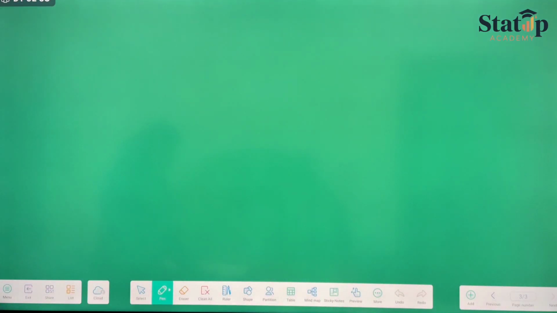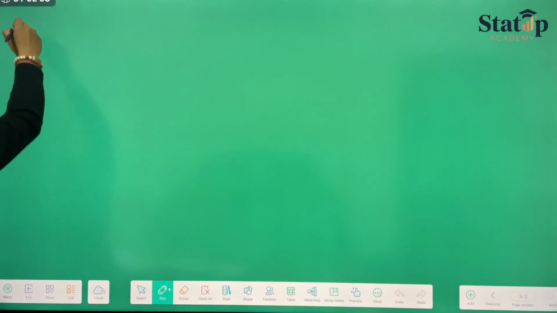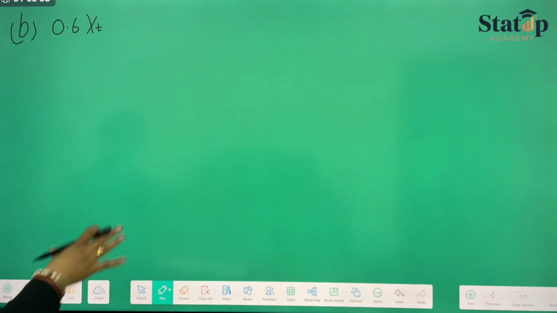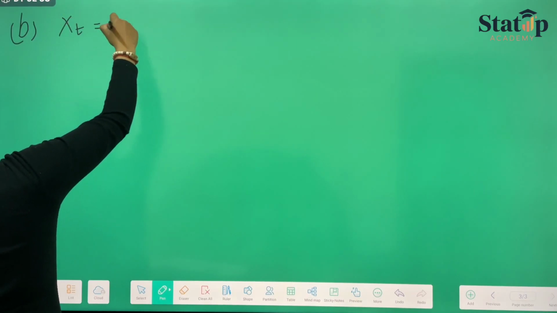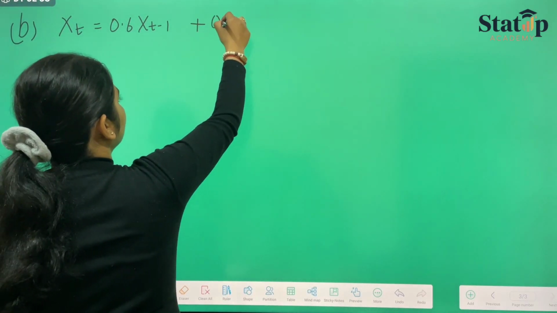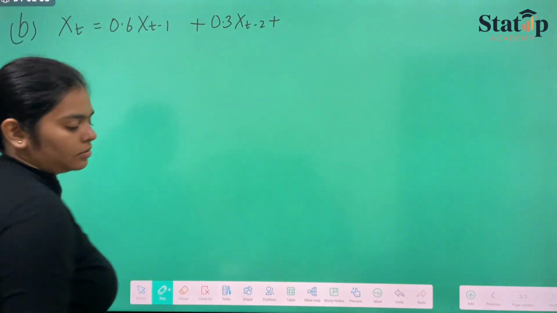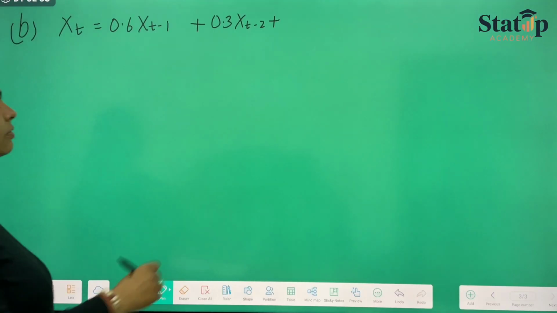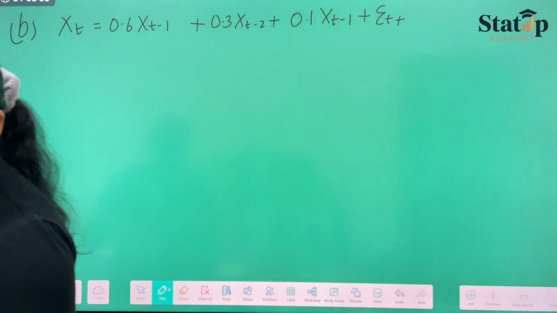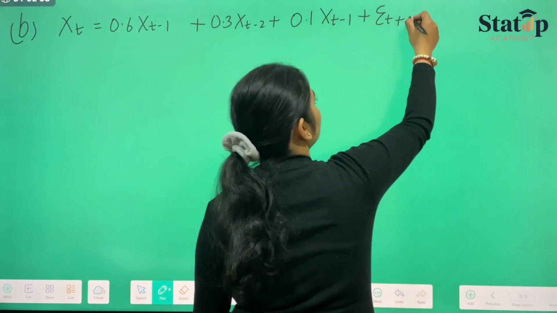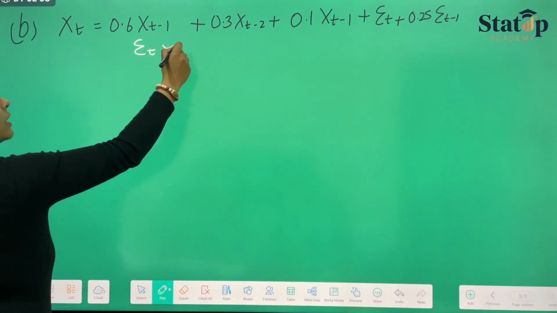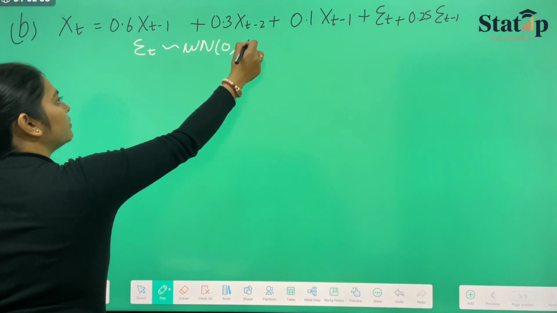Okay. Now let us take one more example like this. The example says that xt equals 0.6 xt minus 1 plus 0.3 xt minus 2 plus 0.1 xt minus 3 plus epsilon t plus 0.25 epsilon t minus 1, where all epsilon are white noise with mean 0 and variance sigma square.